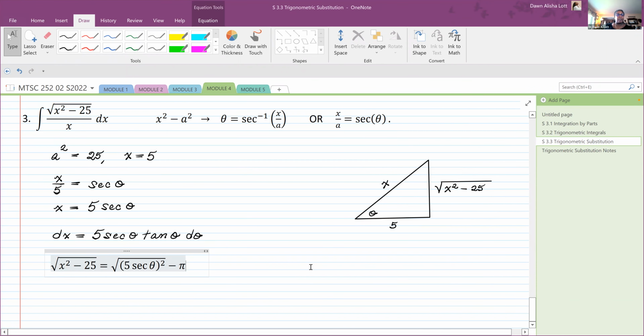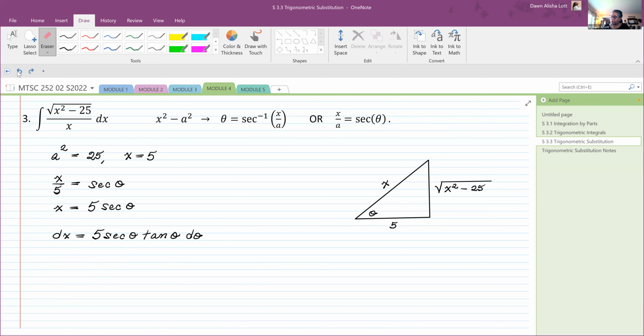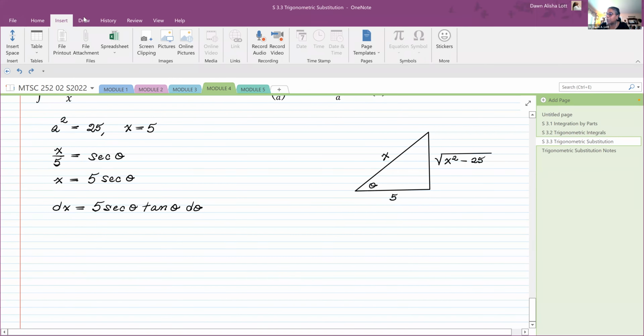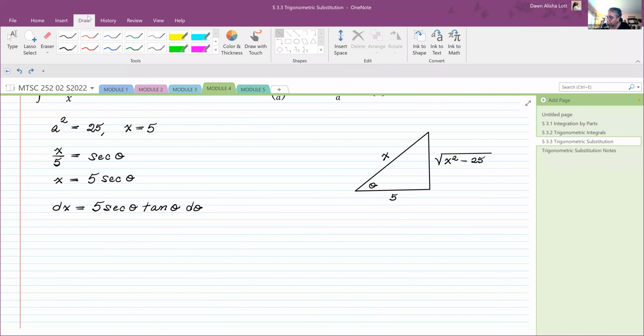It still doesn't look right, but that's okay. I tried. It didn't work. I don't know why it doesn't work for me, but that's all right. Y'all know I like some perfect notes. I have a hard time with sloppy stuff.